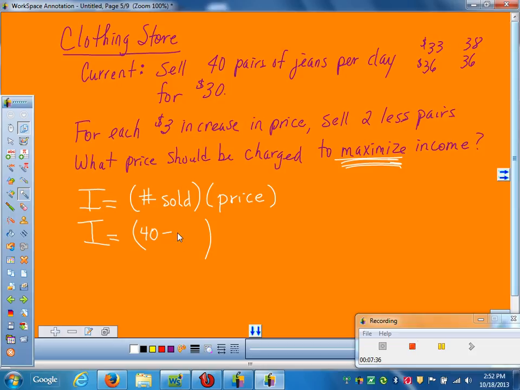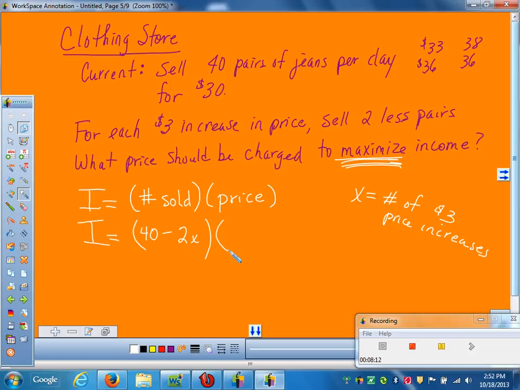So how am I going to write that? 2x, where this is the weird part. x is the number of price increases you're going to do. I wrote that wrong. Number of $3 price increases. So we're talking about how many times am I going to make this price change. Okay, so that's the number I'm going to sell.